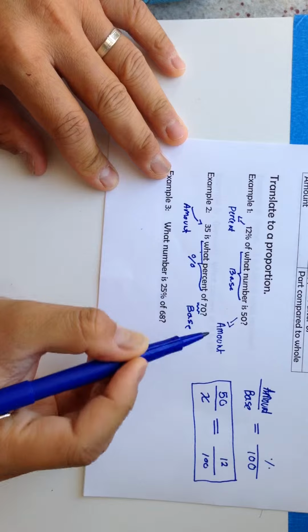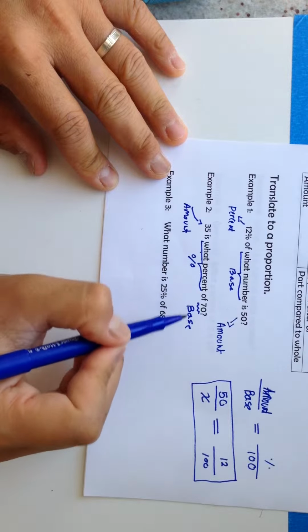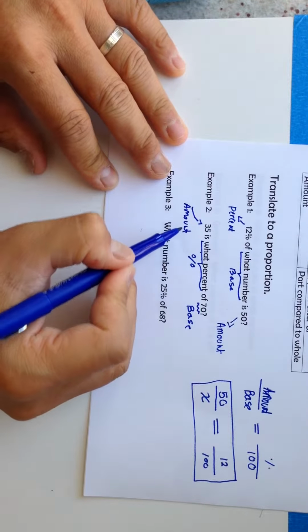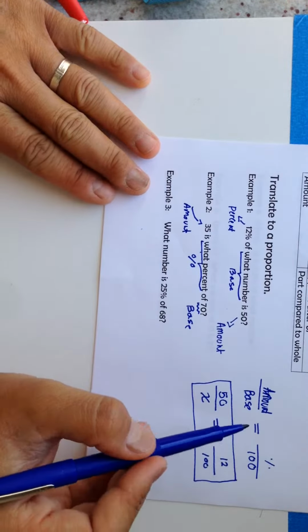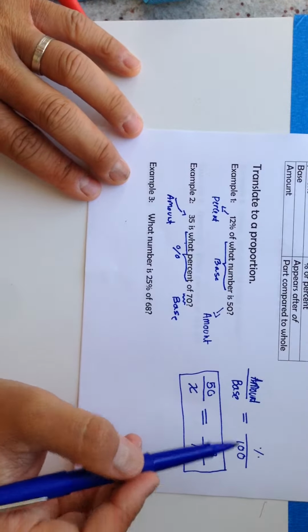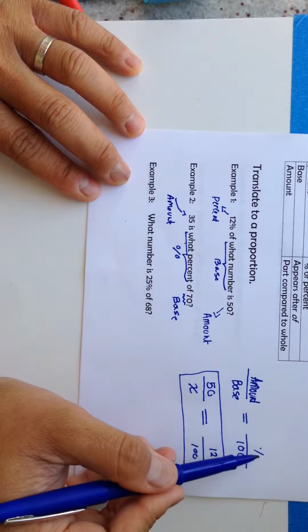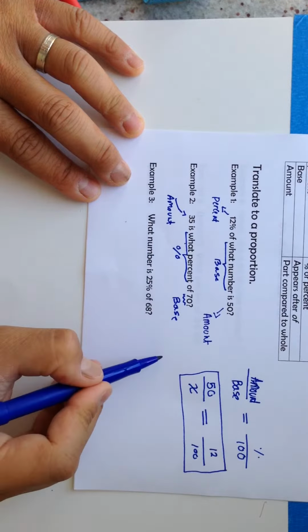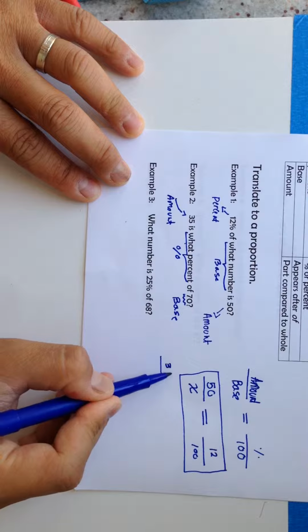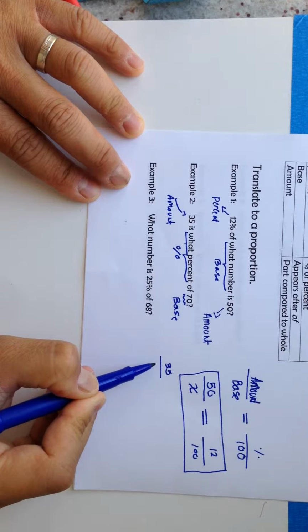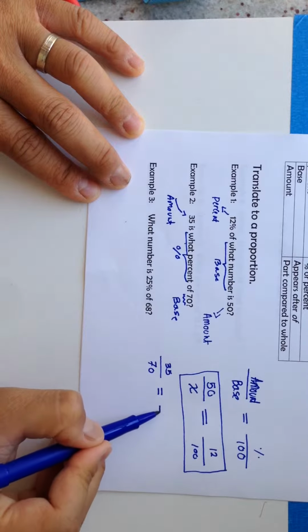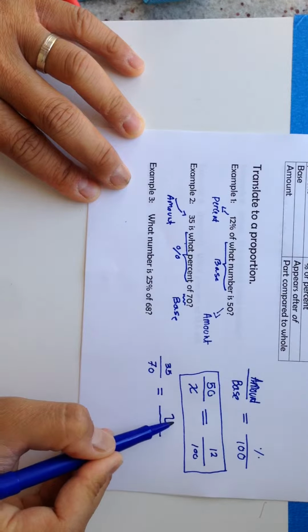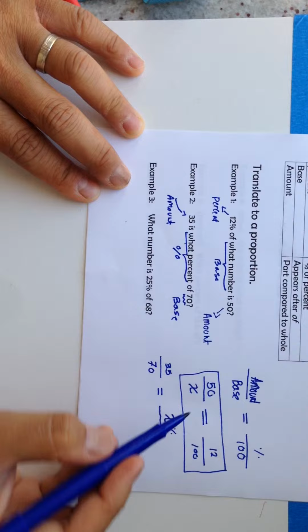Okay, so look for the percent, look for the base, and then the amount will come because that's the only thing left. So remember, the proportion that we're going to use is amount over base equals percent over 100. So amount is 35 over base, base is 70, equals what percent. Now we don't know what it is, so we write the letter x over 100.